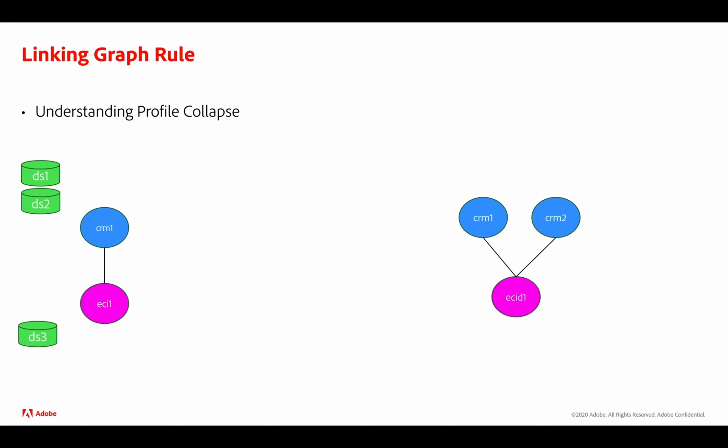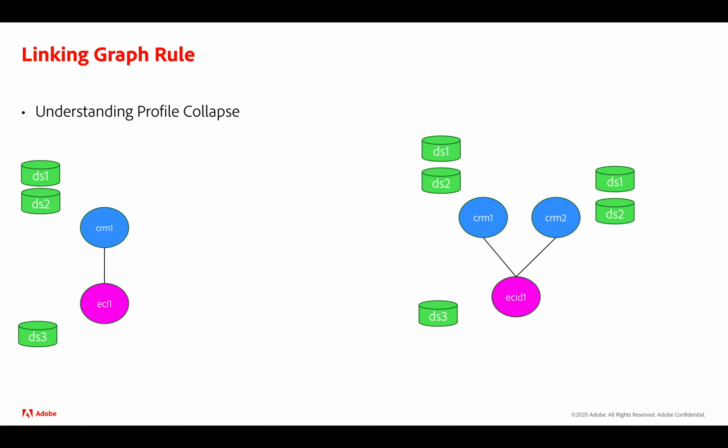However, when you have shared devices, where ECID1 is logged into 2 IDs, CRM1 and CRM2, then the problem happens that the datasets representing CRM1, especially dataset 1 and dataset 2, are overwritten by the values from CRM2's dataset 1 and dataset 2, because the profile attributes are always overwritten.